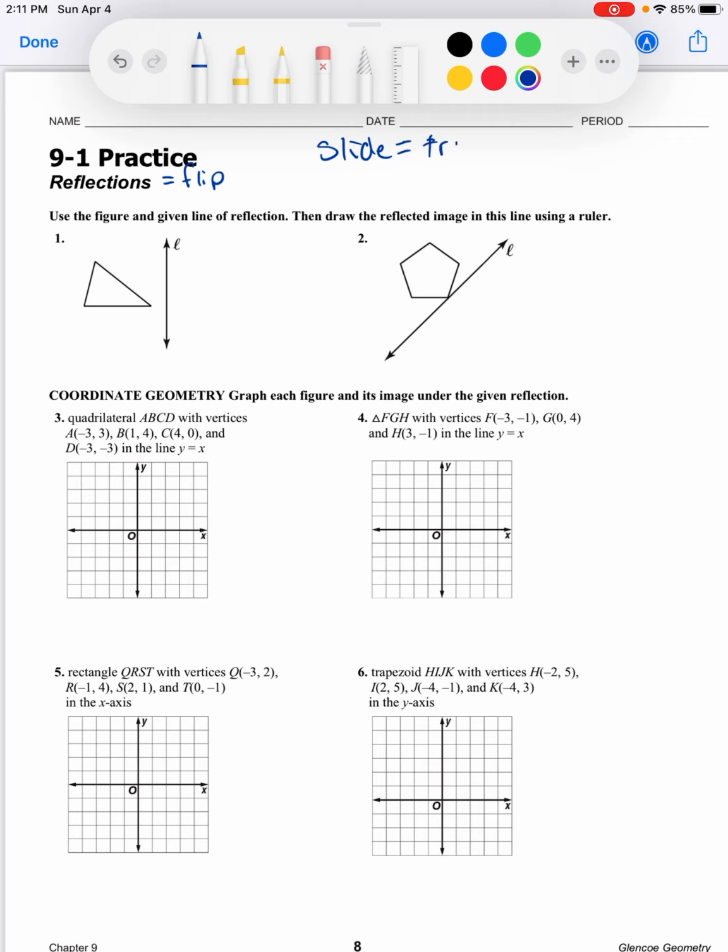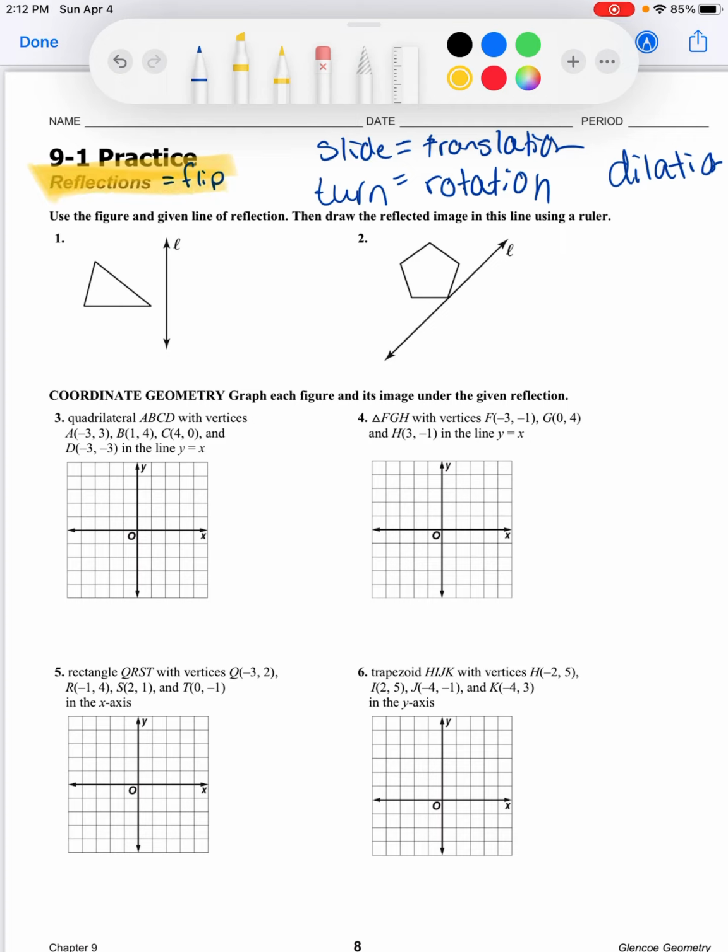Instead of a slide, we will have a translation. And instead of a turn, we will have a rotation. I'm guessing slide, turn, and flip are the ones you've used before. We'll also talk about dilation later on. It'll be a future problem for us. But for today, what we're focusing on is just our reflections, or our flips.